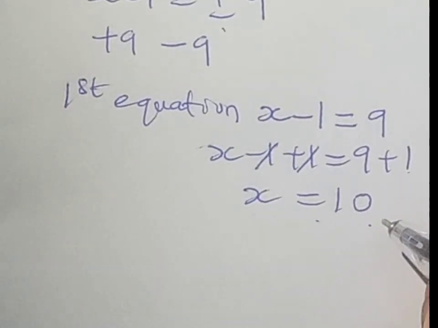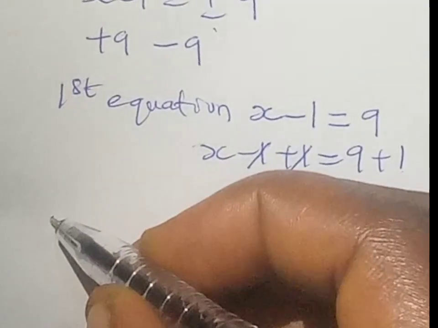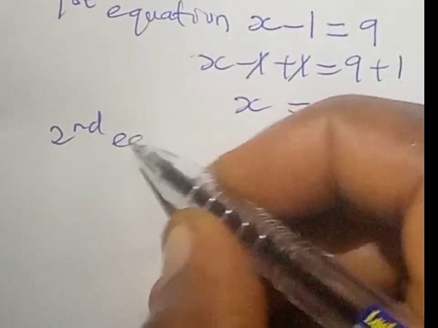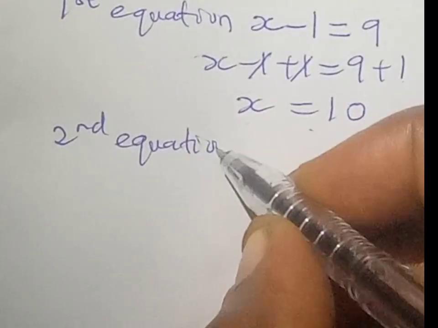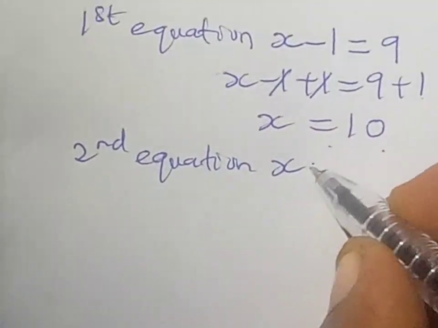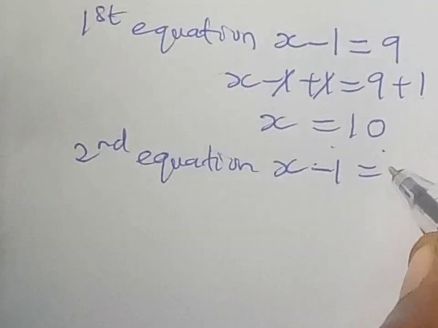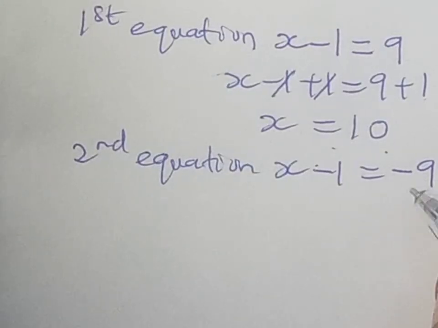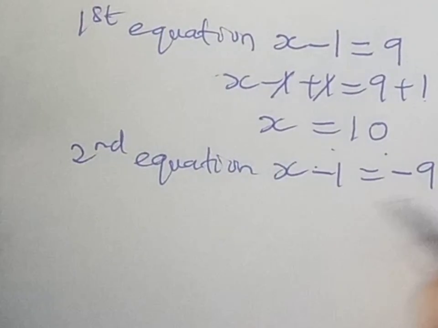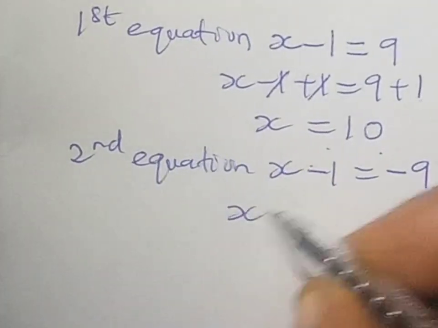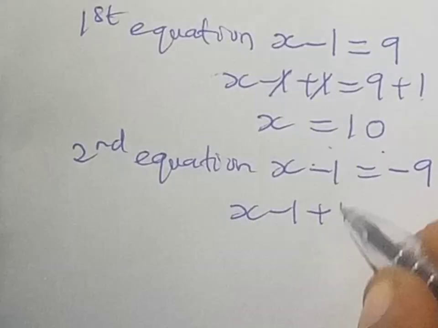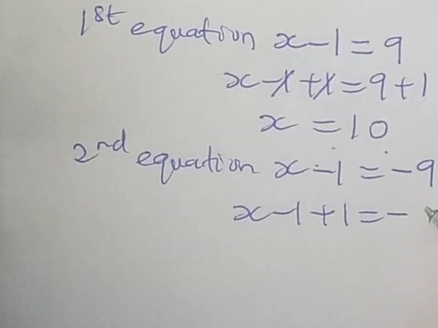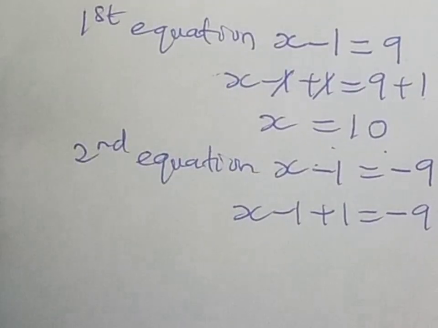Now let's solve the second equation. The second equation says x − 1 = −9. Let's add 1 to both sides. So we have x − 1 + 1 = −9 + 1.